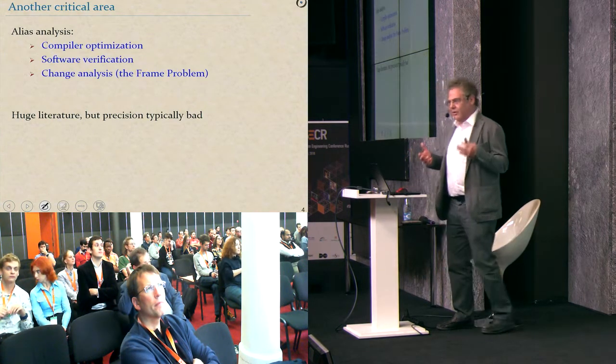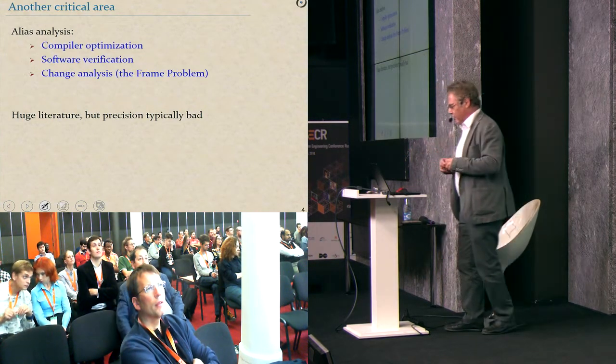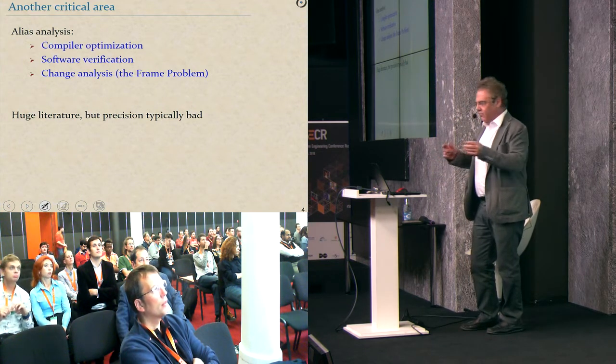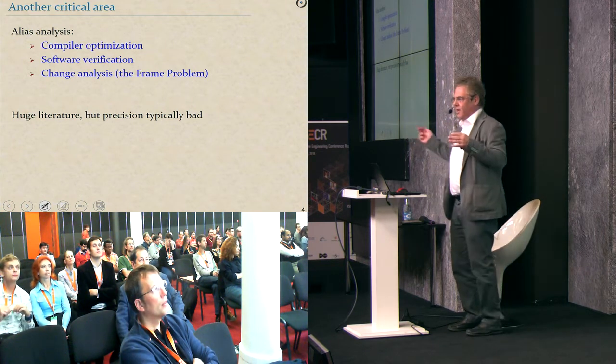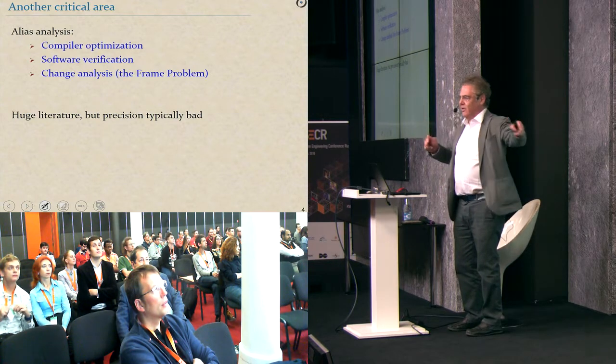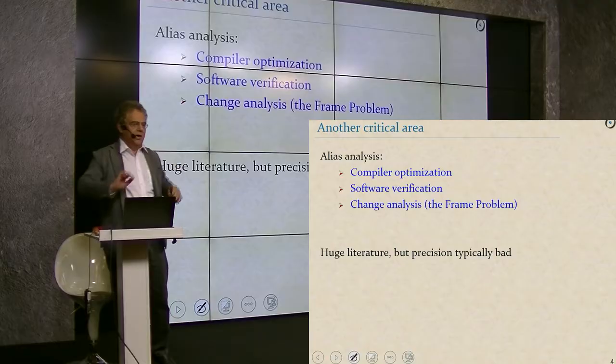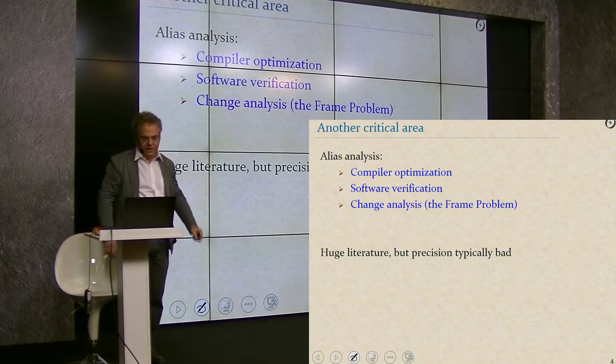Another important application of the work that I'm going to present is alias analysis, which is basically finding out whether a.b.c and x.y.z.q might possibly point to the same object during execution.